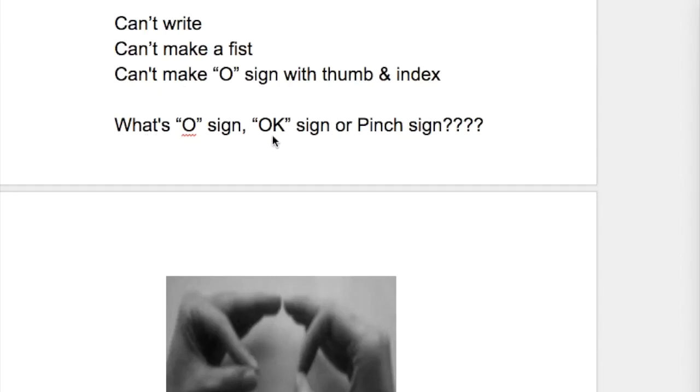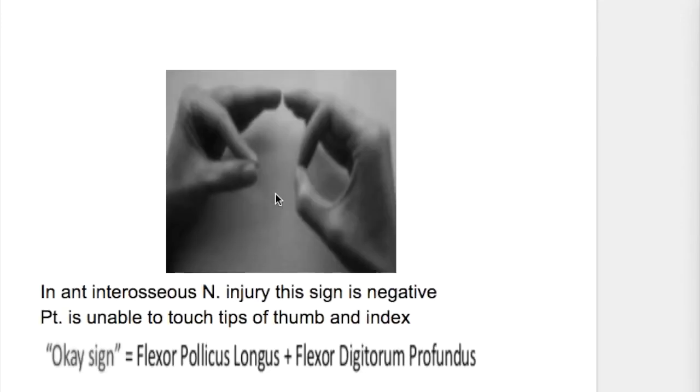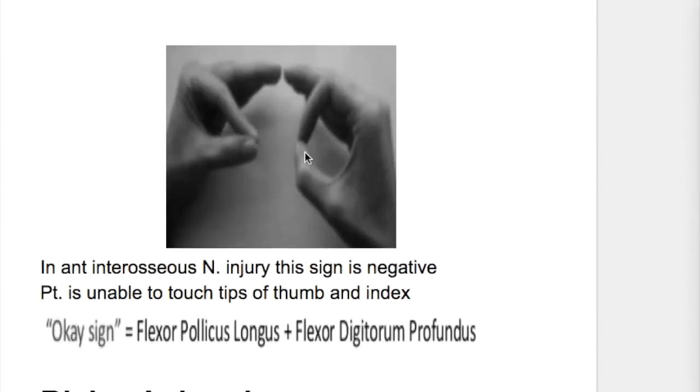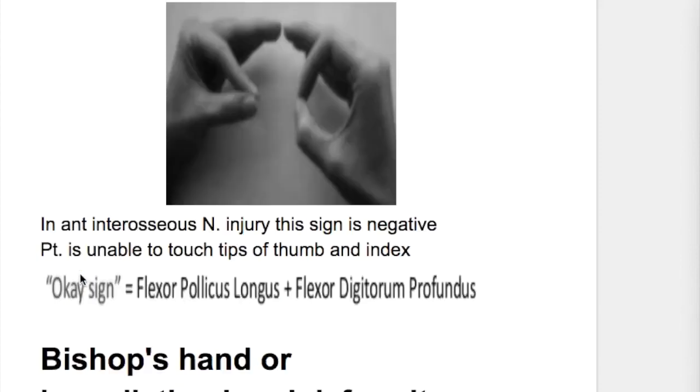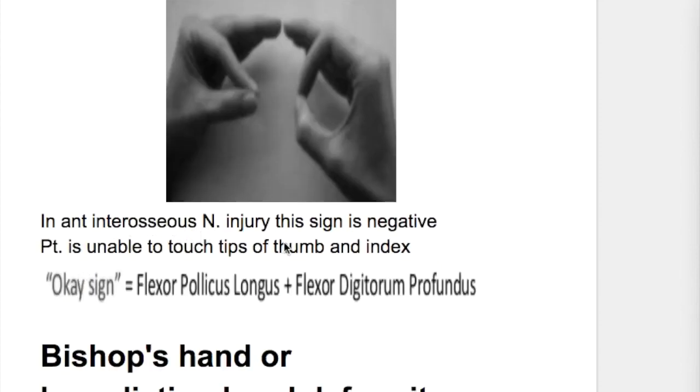So what's the O sign or OK sign? Normally when thumb and the index finger meet each other, they flex. This is the O sign, and this sign is a normal sign, but this sign is negative in anterior interosseous nerve injury. So the patient is unable to touch the tips of the thumb and index finger. So what muscles are paralyzed in this condition?